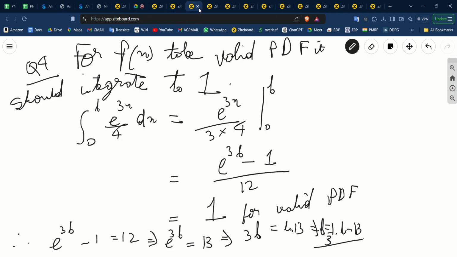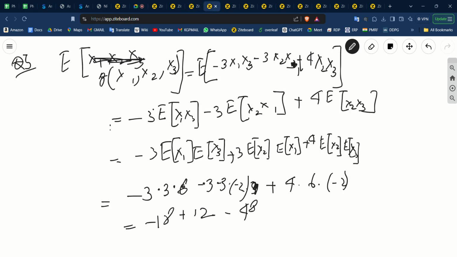Right, this is not 18, this is 54. So 54 plus 48 minus 12.